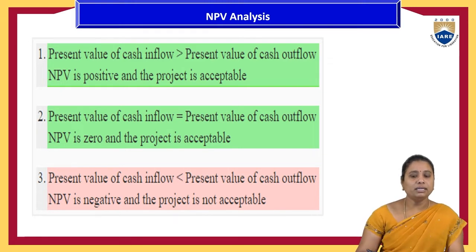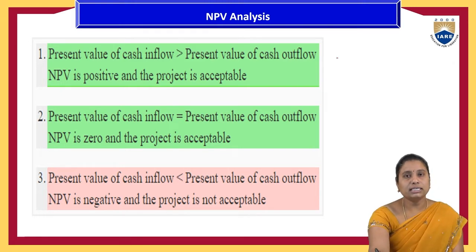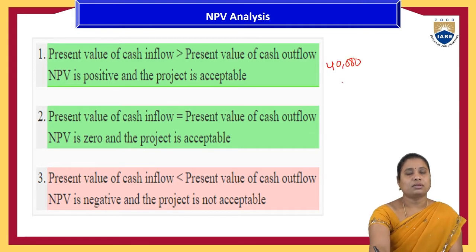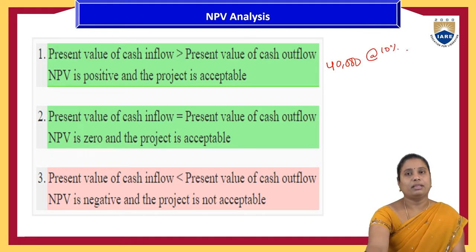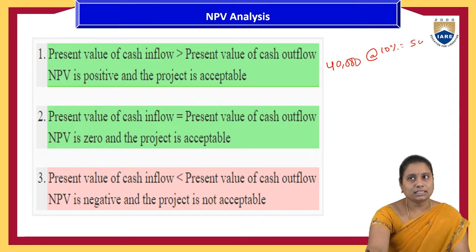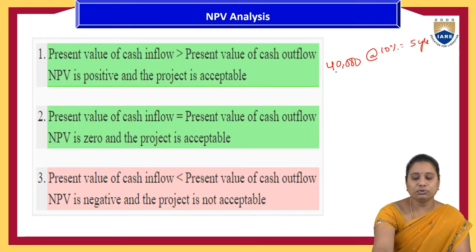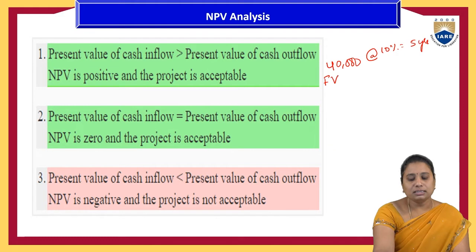For example, if the organization is investing 40,000 now at an interest rate of 10% and expects returns in 5 years, what is the future value, meaning the time value of the future money?